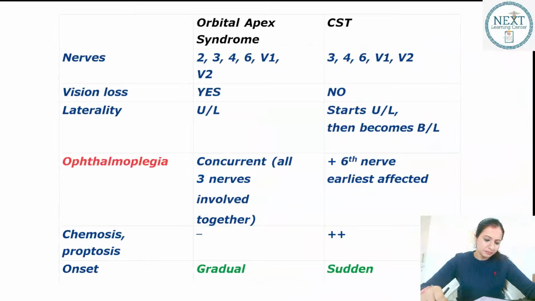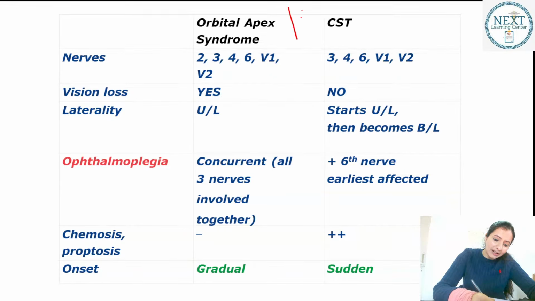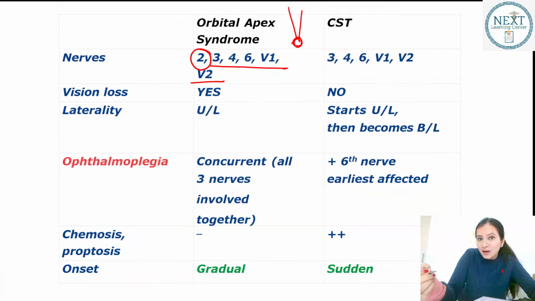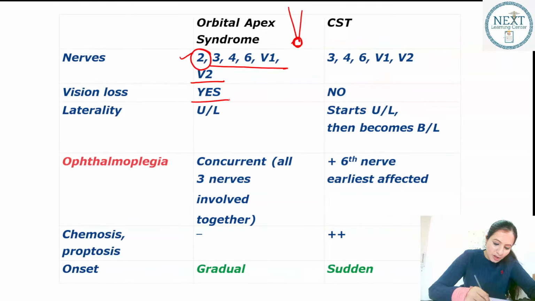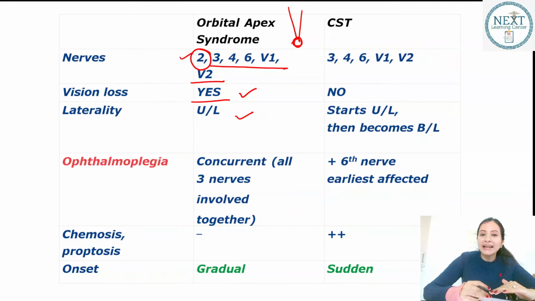oculomotor nerve. If you talk about orbital apex syndrome, so at the apex of the orbit, apart from these cranial nerves, your second cranial nerve is also coming, right? So since second cranial nerve is getting affected, patient is going to get unilateral vision loss, and ophthalmoplegia will be concurrent.